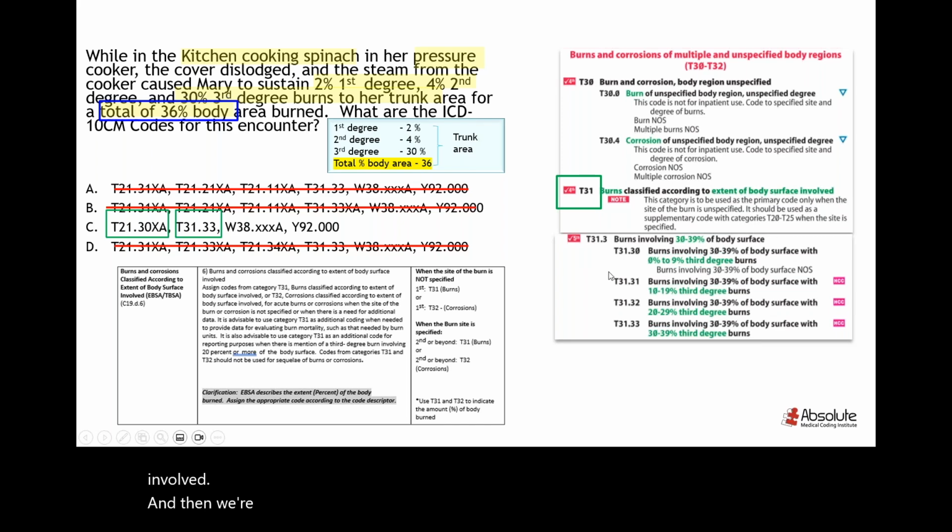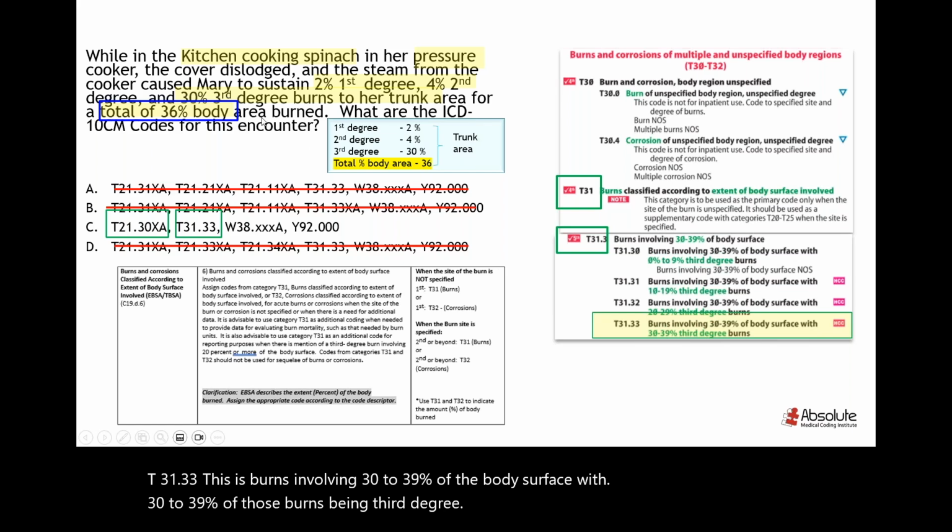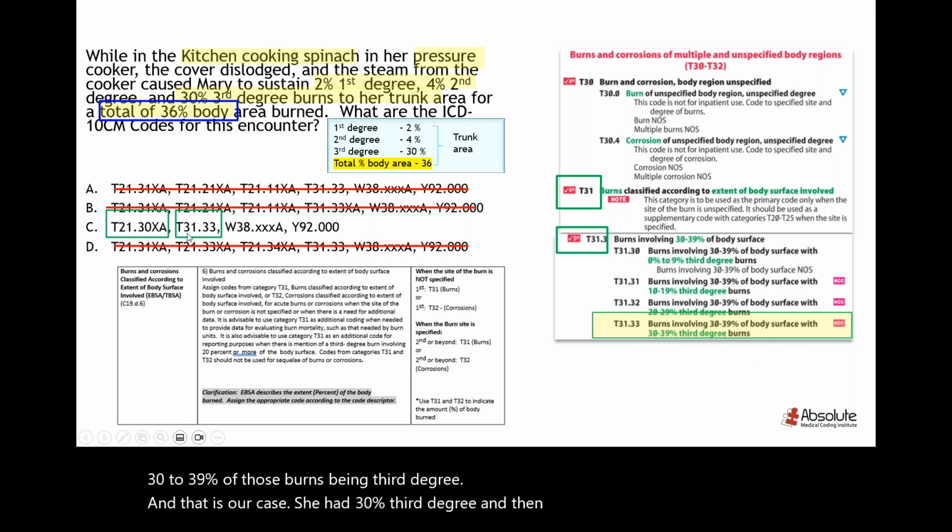And then we're going to go down to T31.33. This is burns involving 30 to 39% of the body surface, with 30 to 39% of those burns being third degree. And that is our case. She had 30% third degree, and this code is accurate.